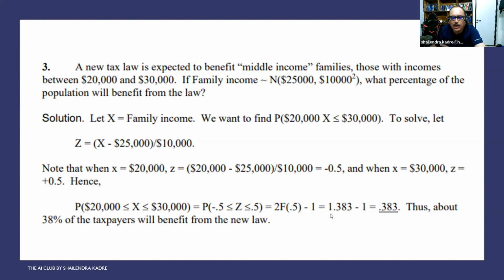I'm not sure how he has done this calculation and how he got 1.383 and minus 1. A little bit of confusion here. Some roundabout way he has calculated.